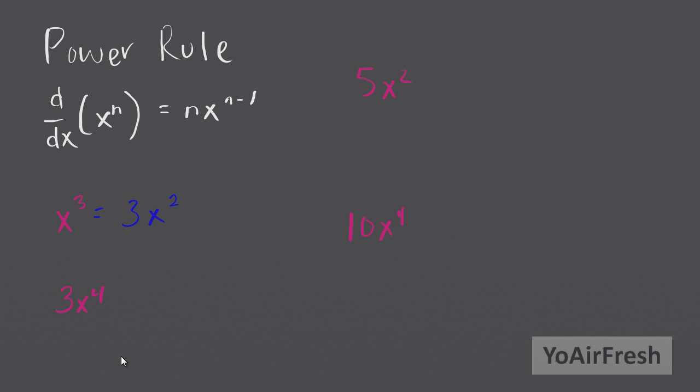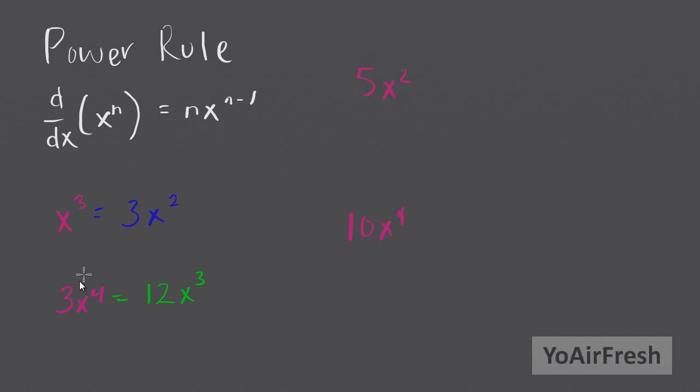Now this one down here is a little different, because this one has a coefficient. In the case of this, the simplest way to do it is just multiply the power by the coefficient. So it'd be 12x to the third, following the regular rules.